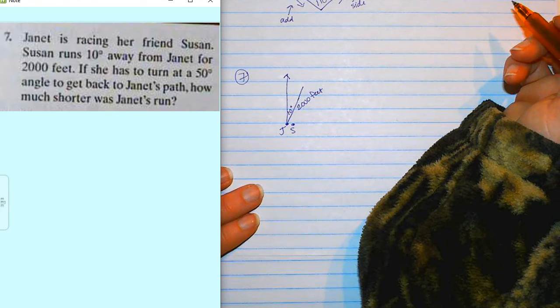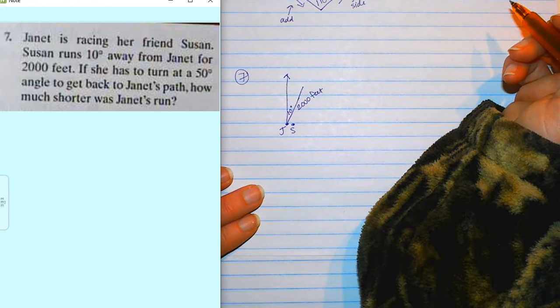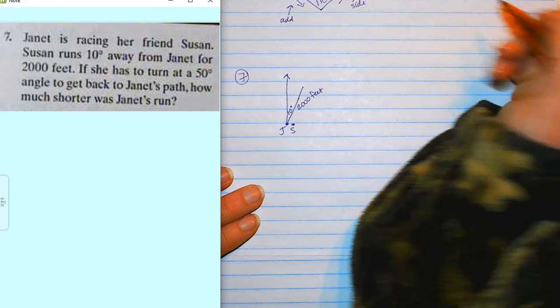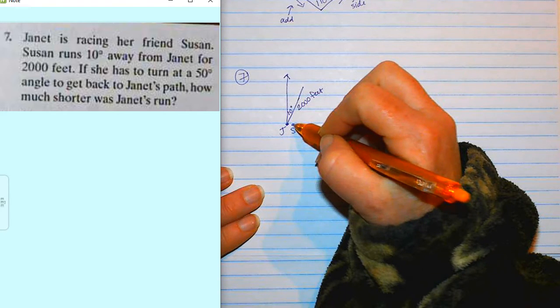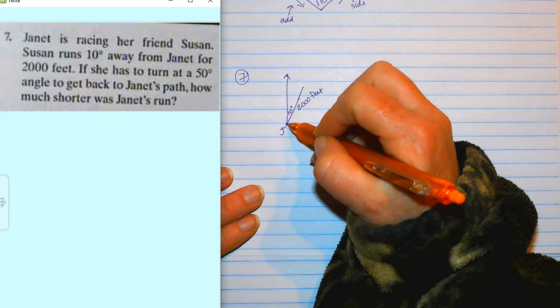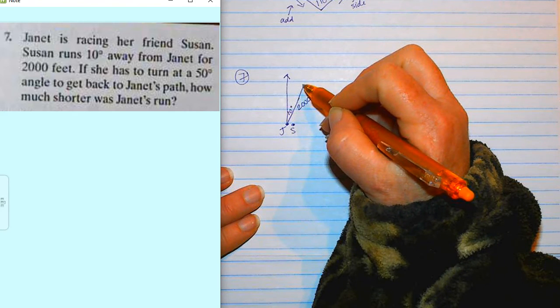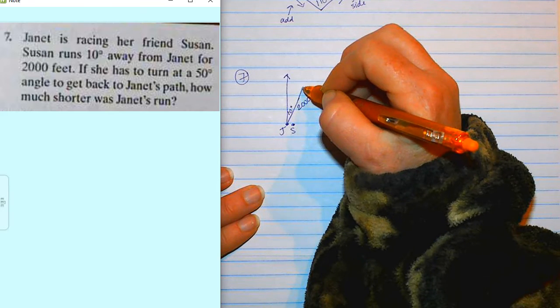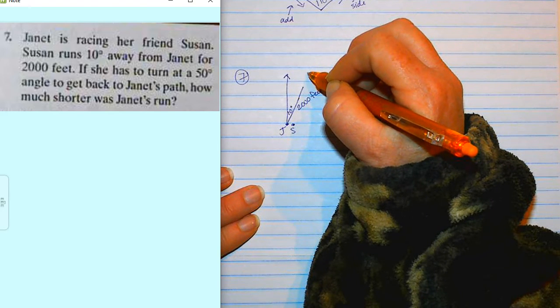If she has to turn at a 50-degree angle to get back to Janet's path, how much shorter was Janet's run? So she's running this way, Susan is. Susan's on this side. Susan's running, and she would be going this way, but she turns 50 degrees.